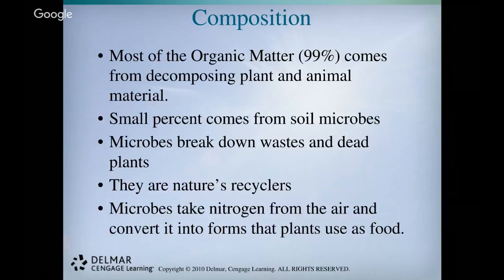And then also, the microbes play a very important role as the recyclers. And some of them can also take nitrogen from the air and fix it into a usable nitrogen for plants. We'll talk about that nitrogen release a little bit later in the chapter when we talk about the chemical composition of the soil.